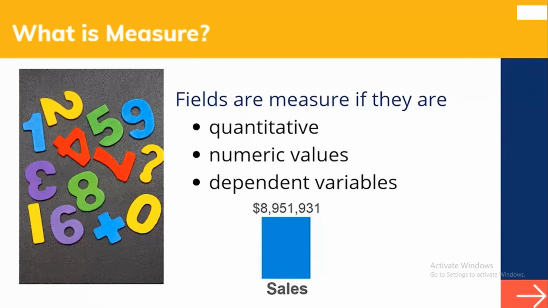But when it comes to a measure, you will specify the correct value that is associated with every phase. So if I say total sales, it is going to be one value, and that value will be a numeric value. So whenever any field has this kind of definition, then you will call the corresponding field a measure.